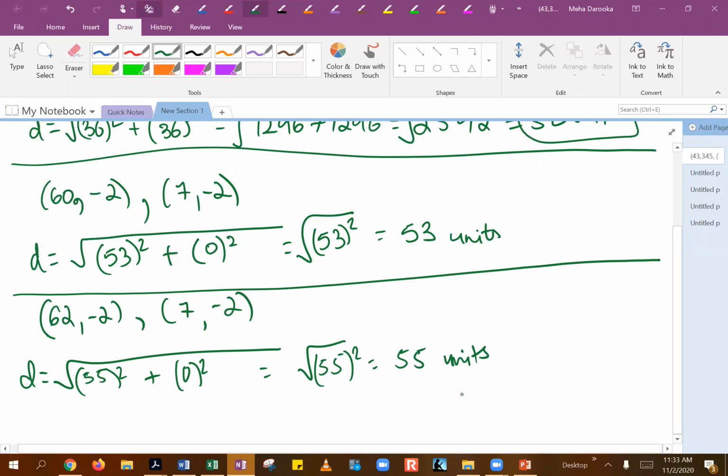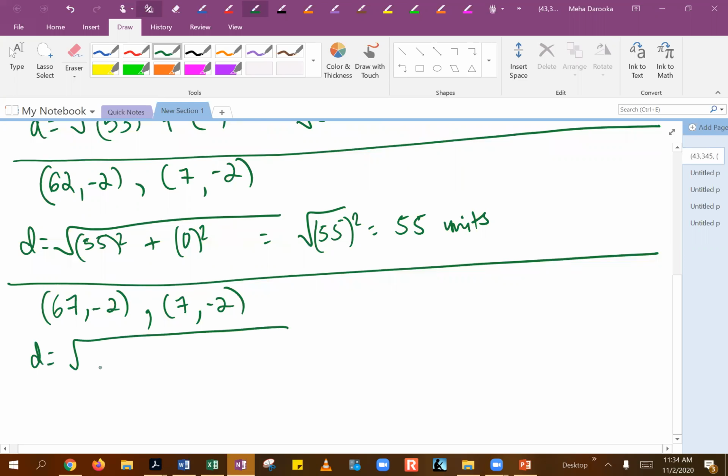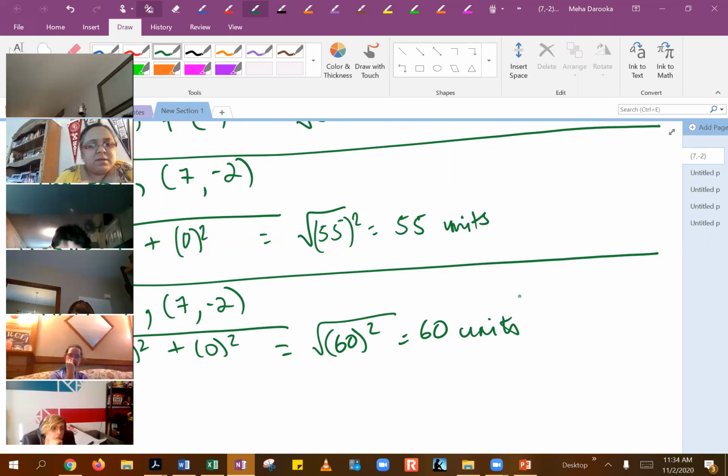And don't just keep using -2 for your y value. Try and think a little bit outside of the box. So Maya, you've got (67, -2), so this will give you a distance of 60. So instead of just using -2 for the y value, what else can we do?